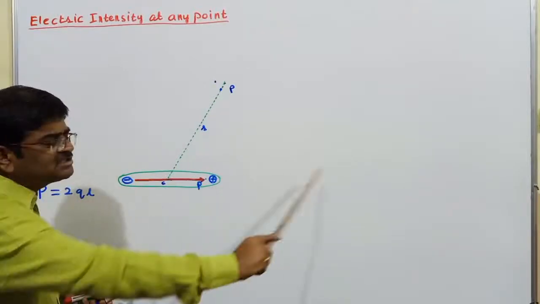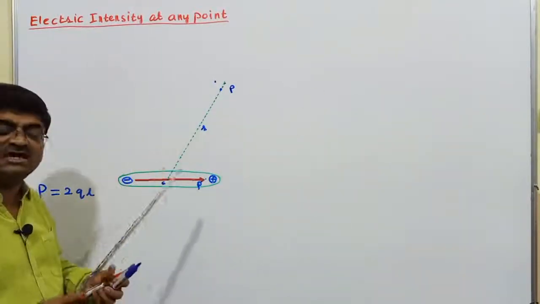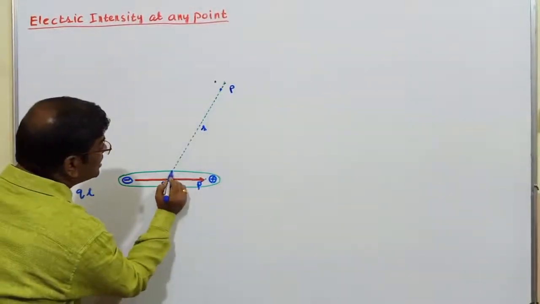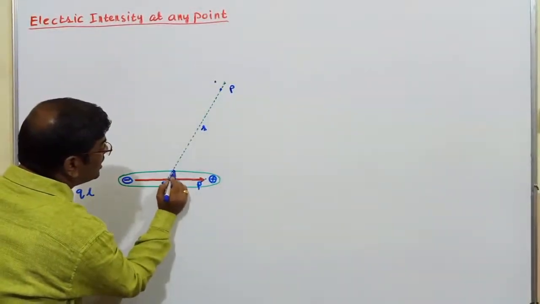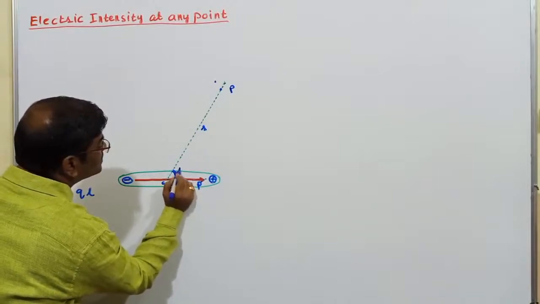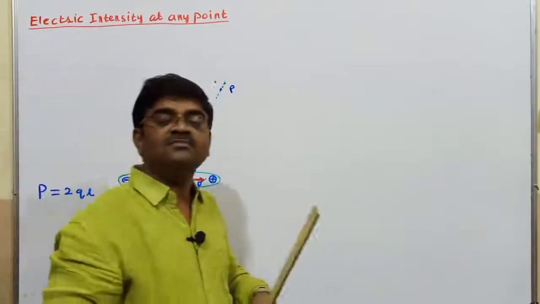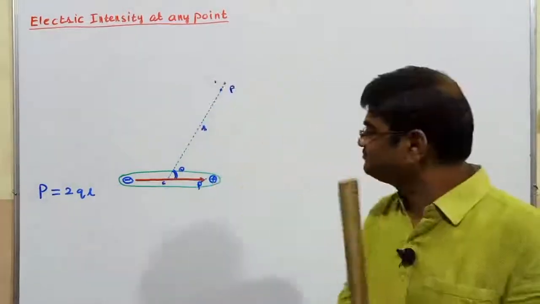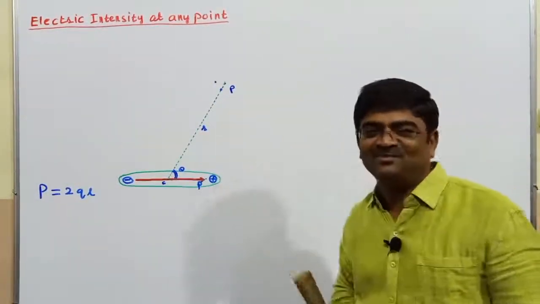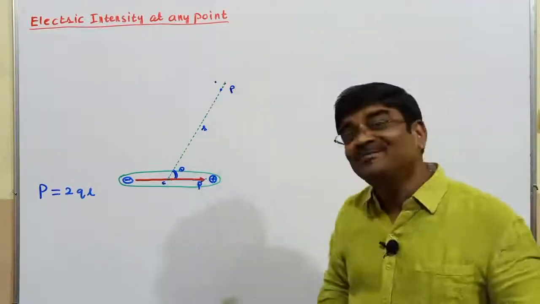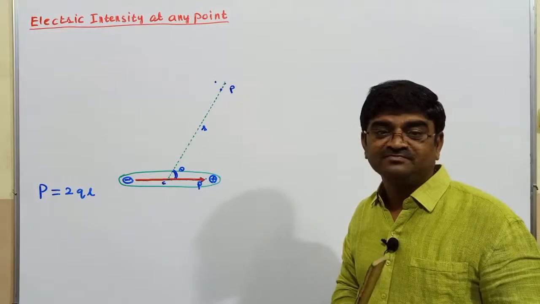Axial line I could understand, equatorial line I could understand. So I should mention a line making an angle theta with the dipole moment, the axis of the dipole, and I'm going with this particularly for a short dipole.